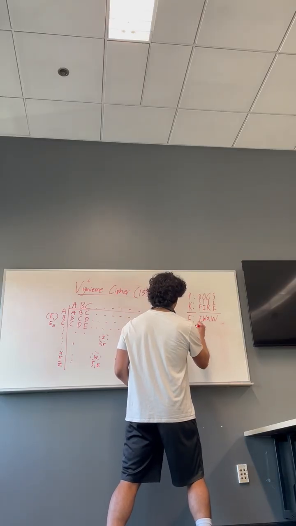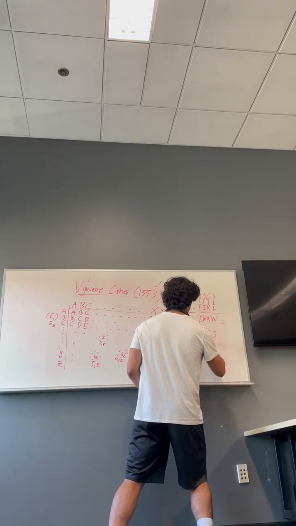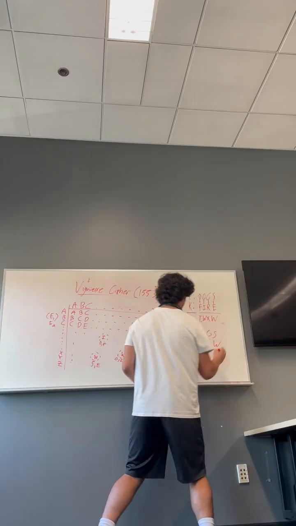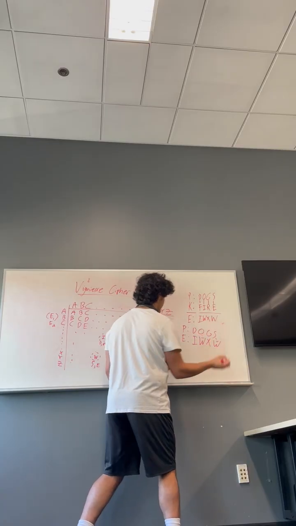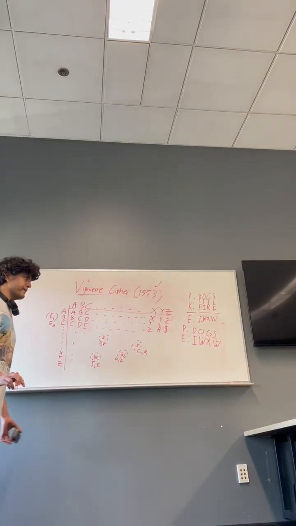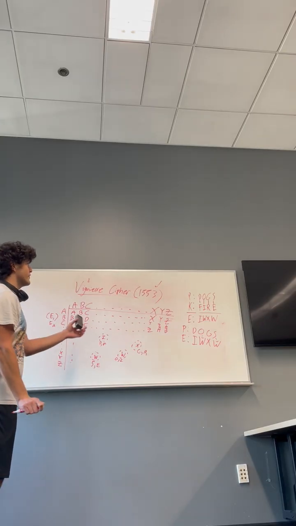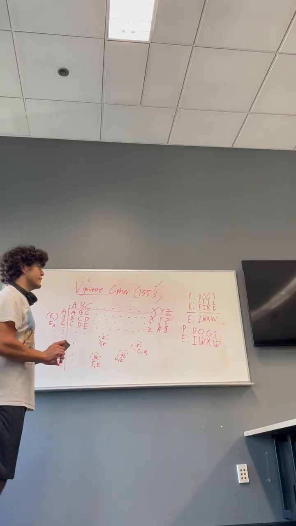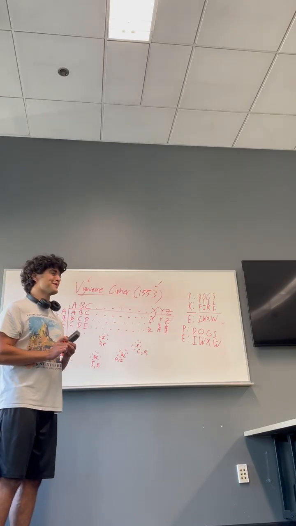If we just think about it like this, we have dogs. And in this system, O maps to W, but so does S. So this is already a lot harder to break. And yeah, this is how the Vigenère cipher works. Hopefully this was interesting. Okay, bye.